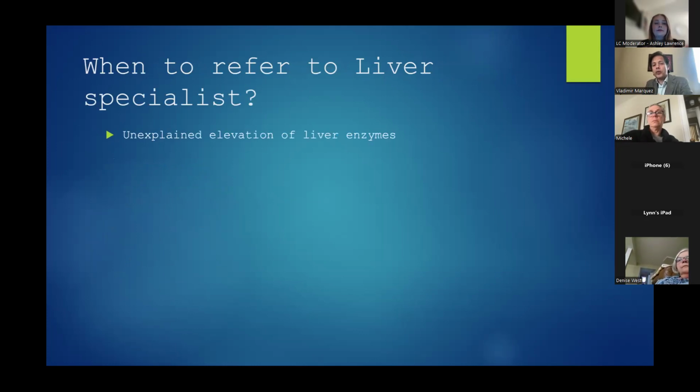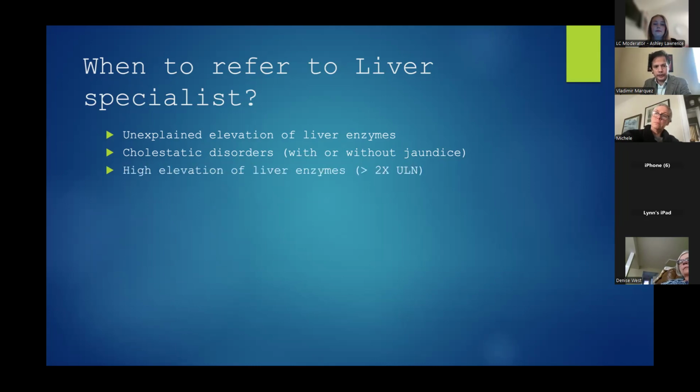When should we think about referring to a liver specialist? Basically, if we have a persistently unexplained elevation of the liver enzymes, or if we have a liver disease that has been identified that requires more specific follow-up. Generally speaking, the cholestatic disorders should have an opinion by a hepatologist because these conditions are a little bit more, I will say, difficult to differentiate than others.